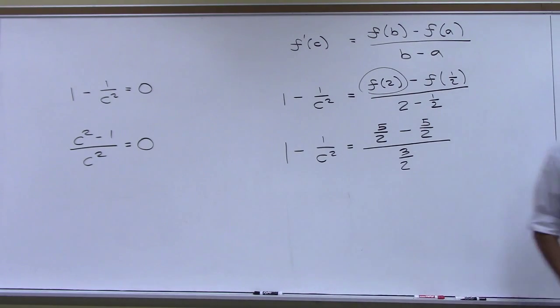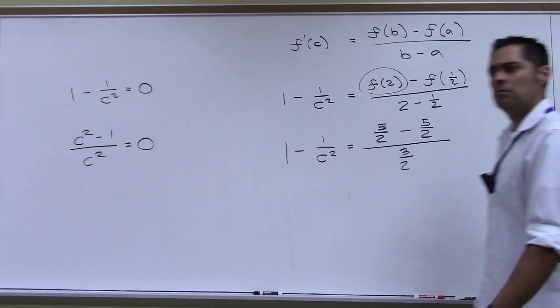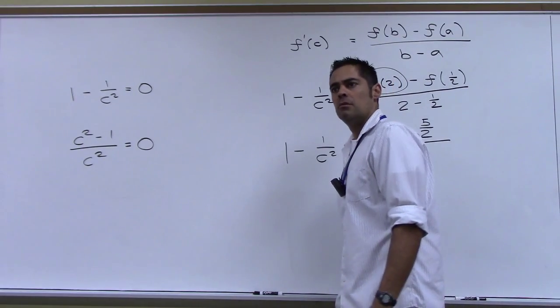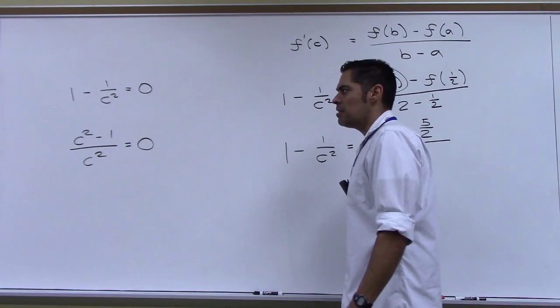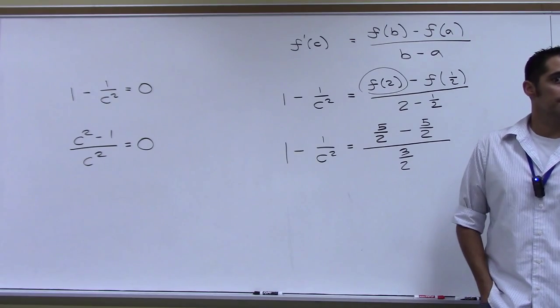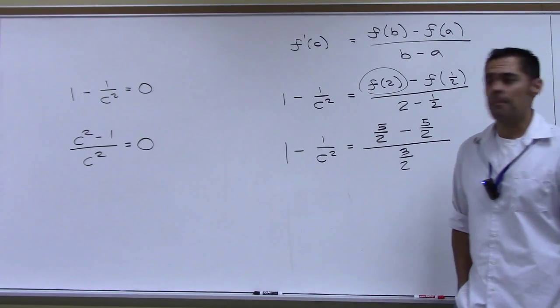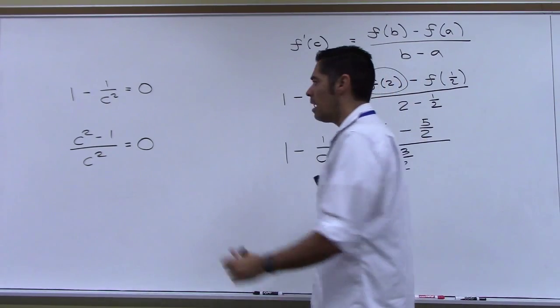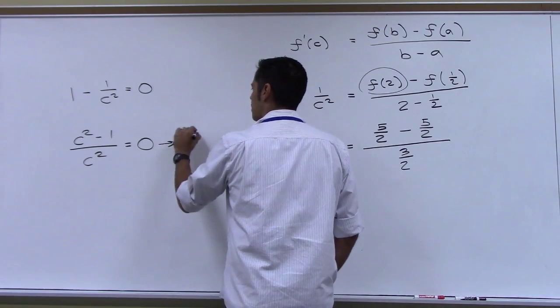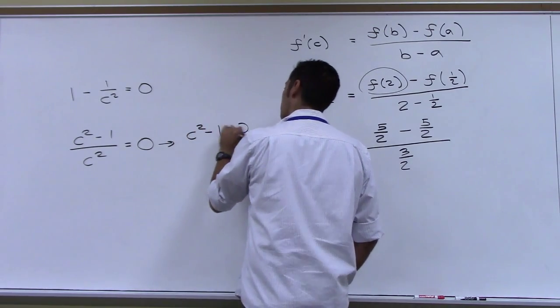What'd I do? Common denominator? When can a fraction be 0? What's the only time a fraction can be 0? If the top is 0, right? If the top is 0. So this really just turns into c squared minus 1 equals 0.